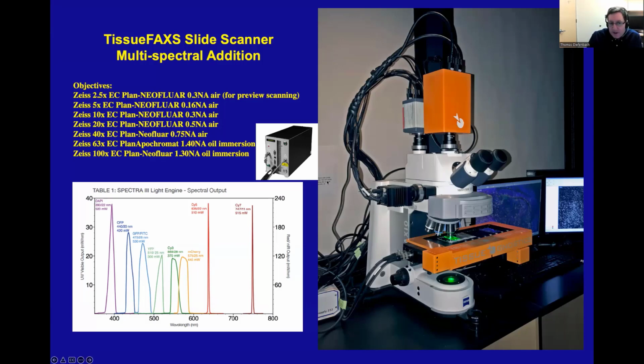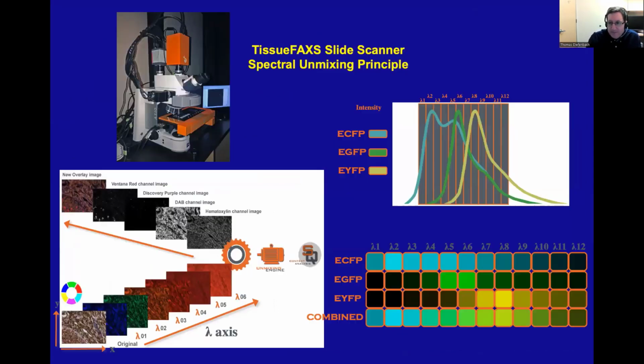We also combined it with an updated light engine, the Lumencore Spectra 3, which is an 8 LED light engine, and we also employed a 747 nanometer excitation in the far red in place of, I think, the YFP 510, because I didn't see a need that often for a YFP emission range or excitation range fluorophore.